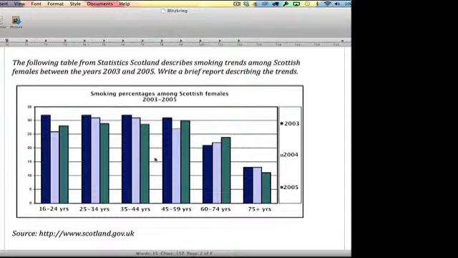If we look at this graph, across all age groups, the broad trend would be a mild increase, and then somewhat of a plateau, and then a significant decrease in smoking rates as Scottish women age.